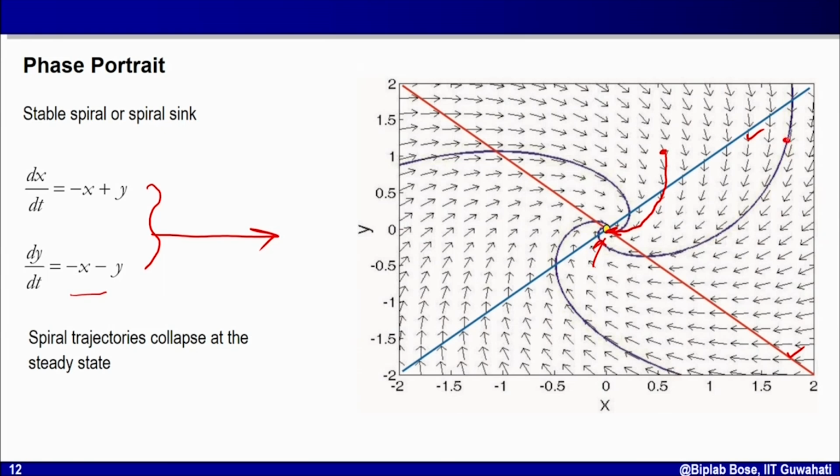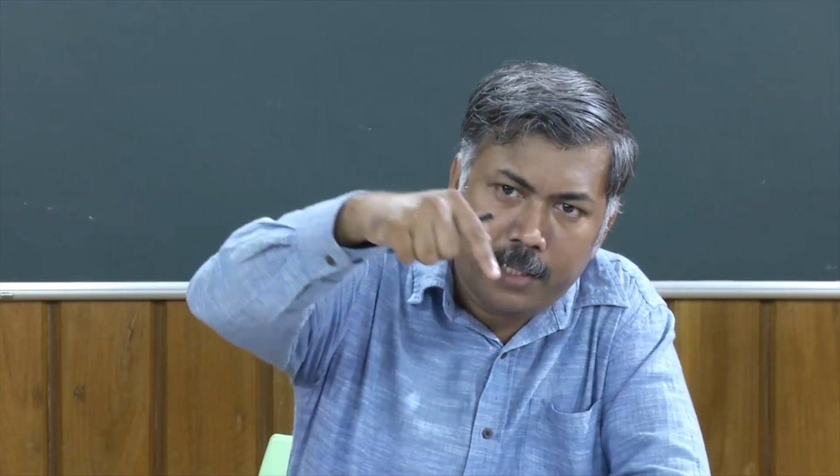If you start from here, you will follow this path and collapse at the steady state. And notice the paths. These paths are spiral type paths. So if you start from a particular position on the phase plane, you move in a spiral and then the system collapses at the steady state.